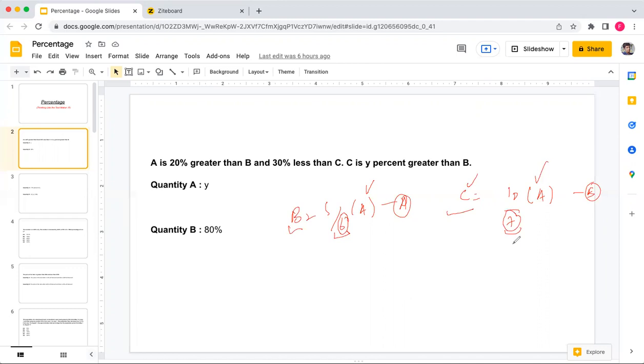Just keep in mind it is a multiple of 6 as well as 7, so that if I divide in this scenario, it is divisible by 6, and in this scenario, it is divisible by 7. So we have integer values for B and C. The minimum such value is the least common multiple of 6 and 7, which is 42. When we have 42 here, it is divisible by 6, and the result came out to be 35. And when we take 42 here, it is divisible by 7, and the result came out to be 60. That's why I take 42 in this scenario. Got the point? Yes. Okay.